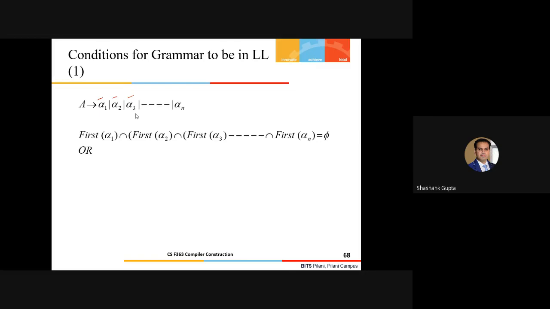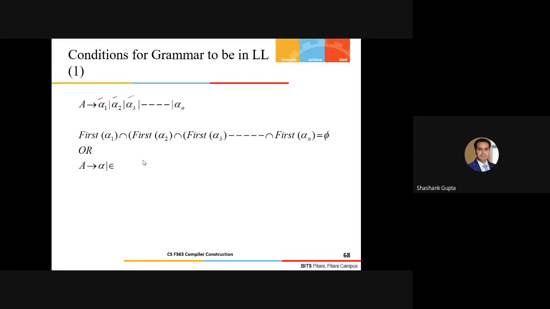Or there could be other productions, because till now we are not assuming that all these derive epsilon. Suppose we have one alpha, which is again any string of terminals and non-terminals, and we have epsilon as well. What should I do? First of alpha would definitely give me the first token, but first of epsilon will give me epsilon, and unfortunately I do not have epsilon in my input stream.